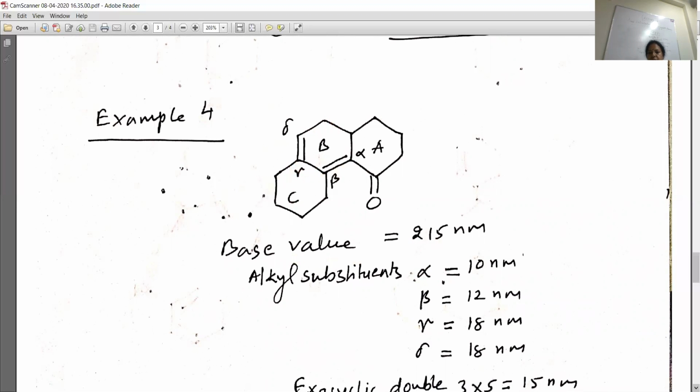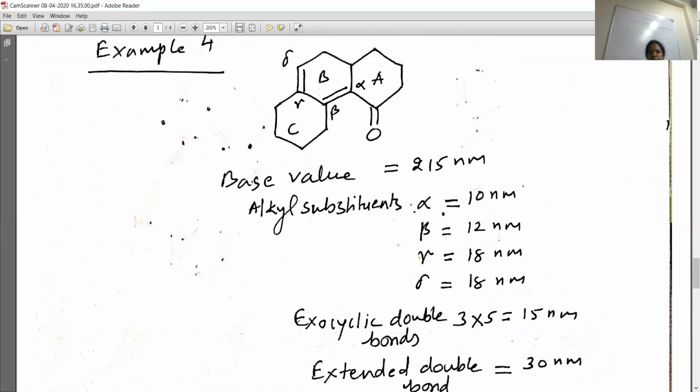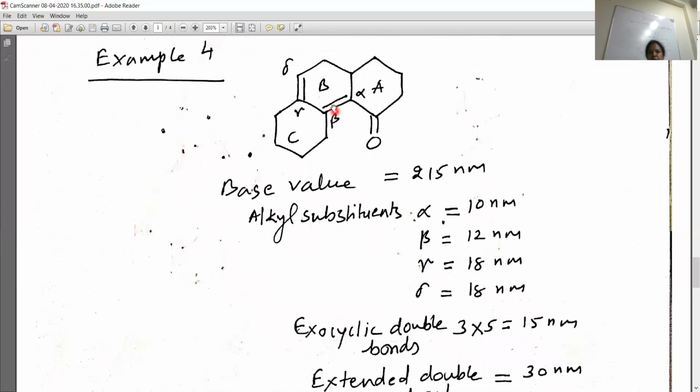Here there are extended conjugated exocyclic double bonds also. See here, this double bond is exocyclic for this, so this and for this both. So 2, and this double bond is exocyclic for this. So total 3 exocyclic double bonds.